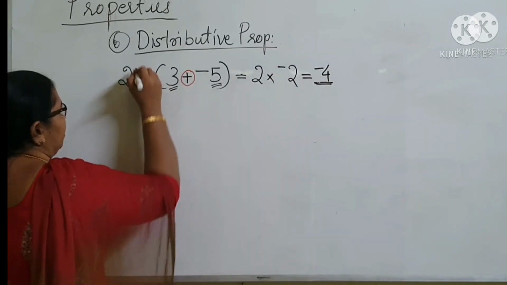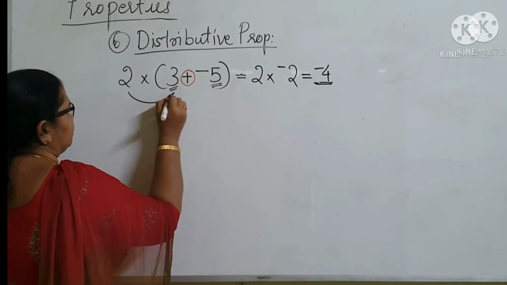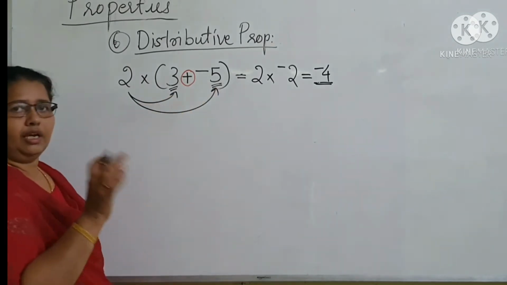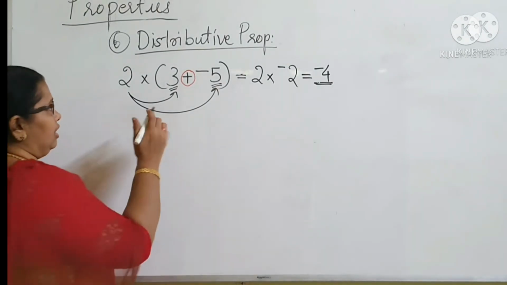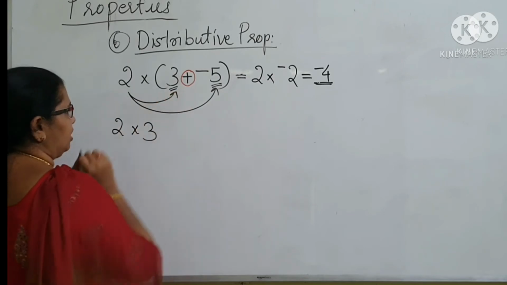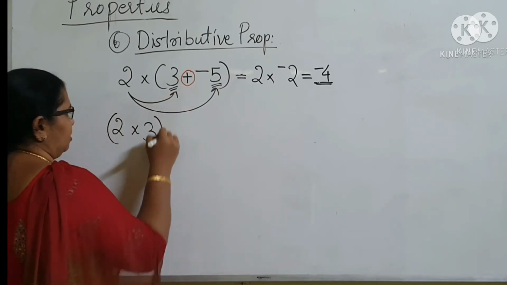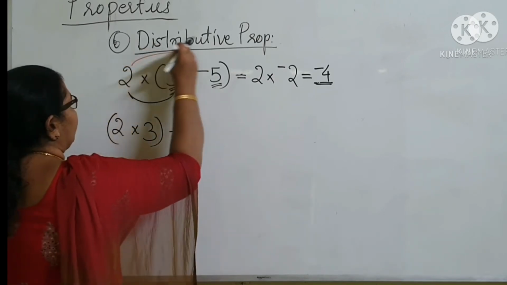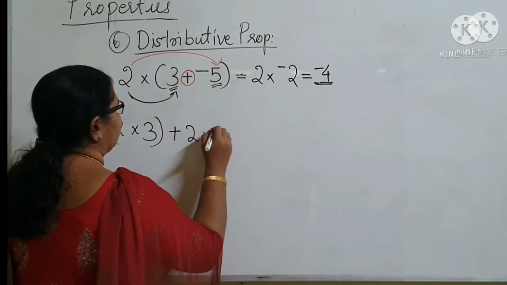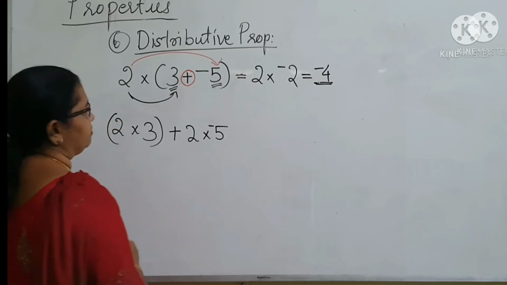Next case, we have to distribute this 2 to both the integers in the bracket. That is 2 into 3 plus 2 into negative 5.